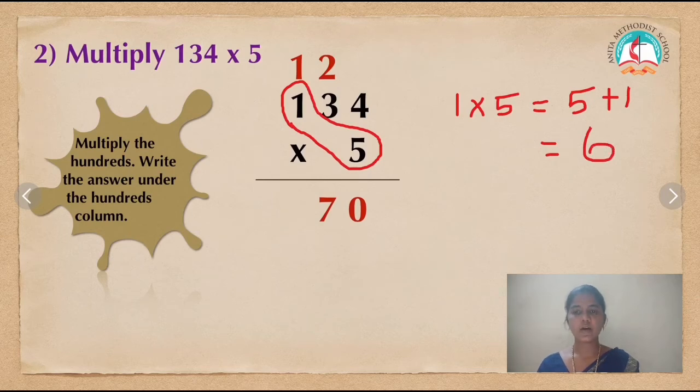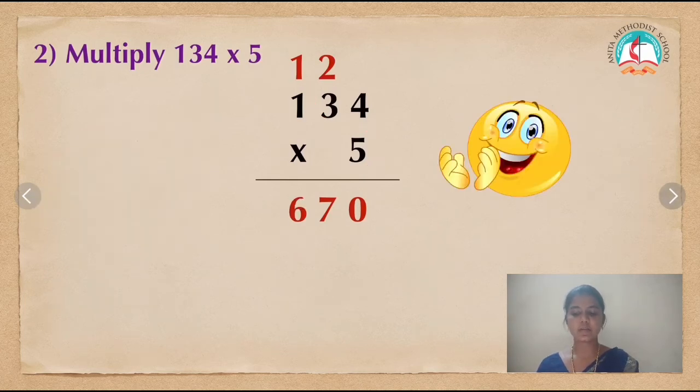Okay, so here I can directly write this 6 under the hundreds column. So here is my answer, 670. Okay, so I hope you understood this problem, right? So how to multiply a 3-digit number by a 1-digit number using carry over.